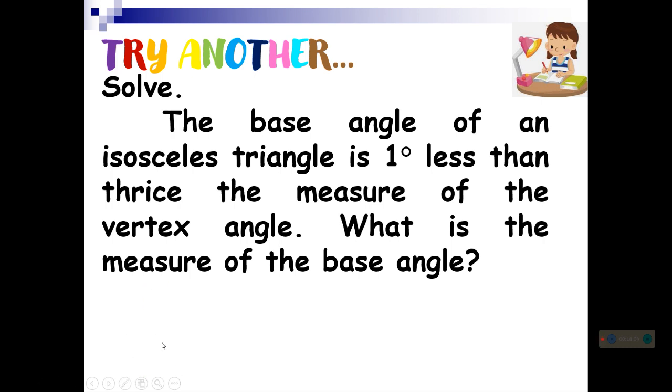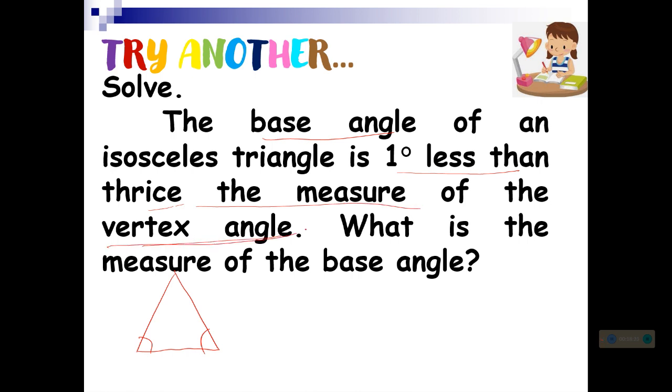So again, I will draw a clear isosceles triangle here. We are going to find the base angle, this one, and of course this one. And from the given problem, it is said that our base angle is 1 degree less than thrice the measure of the vertex angle.